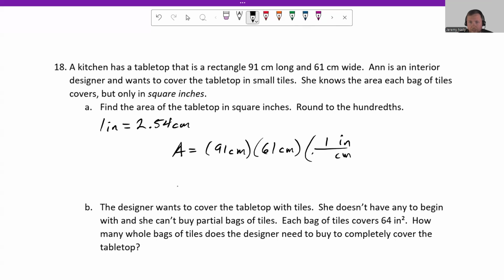So 1 inch is 2.54 centimeters, and I'm squaring this conversion factor. So to the hundredths place, I have 860.41 inches squared, or square inches, however you want to say it.